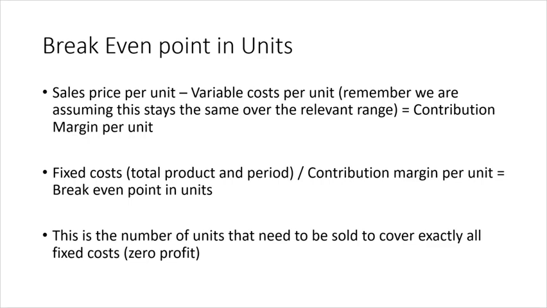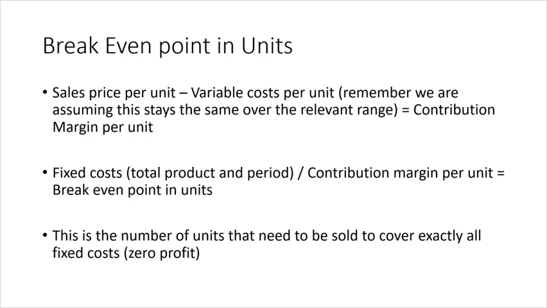Okay? So, first of all, we need to calculate the contribution margin per unit. Sales price per unit, what I sell my product for on a per unit basis, minus the variable cost per unit. Remember, we keep that constant over the relevant range. So that might be broken down into various variable costs.